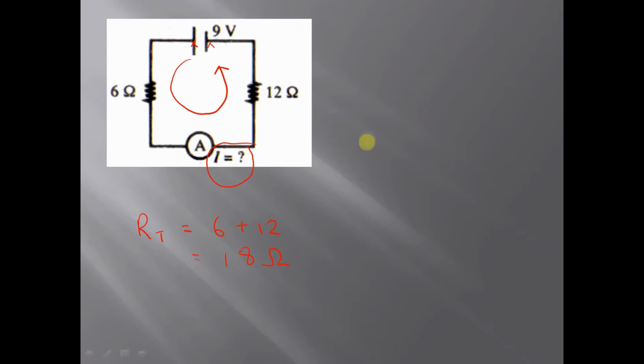Dan untuk mendapatkan I, current, we know one formula that we never forget in the whole life. It's called V equals IR. So diberikan V adalah 9. The I, we do not know. But the R, we already found is 18. Why am I doing that? Sebab ini adalah 9 volt daripada bateri. Bateri ini adalah bertanggungjawab untuk whole circuit litar.